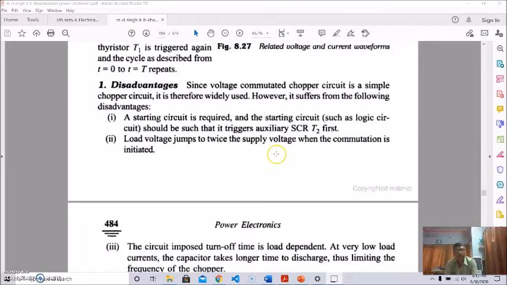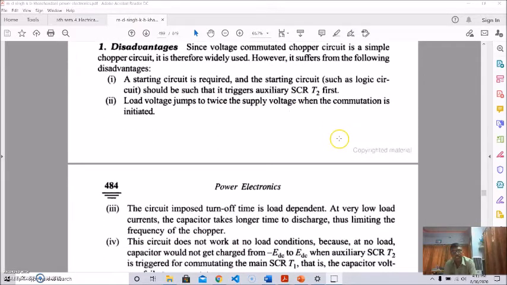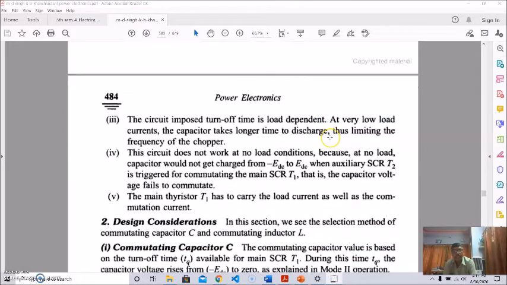The load voltage jumps to twice the supply voltage when commutation is initiated. And the circuit imposed turn-off time is load dependent.